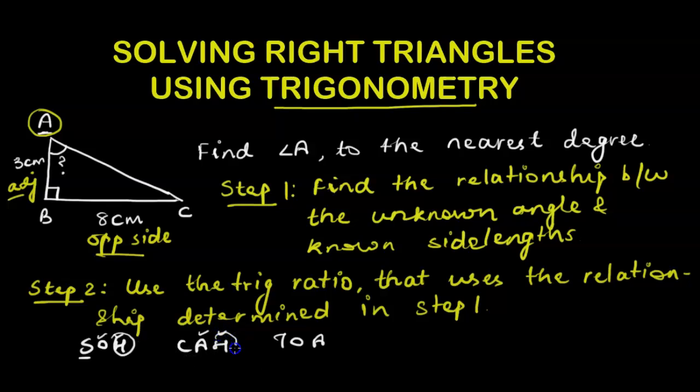That means the hypotenuse is required for writing the ratios sine and cosine, which we are not given in this question. So to find this angle, we use the TOA ratio and rule out SOH and CAH, because in TOA we have both the opposite side, 8 centimeters, as well as the adjacent side, 3 centimeters.